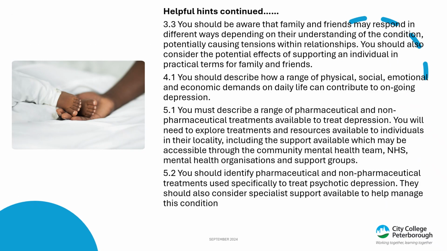You should be aware that family and friends can respond in different ways depending on their understanding of the condition. Sometimes potential tensions within relationships can cause problems, and also consider the potential effects of supporting an individual in practical terms for family and friends who are supporting someone suffering from depression.